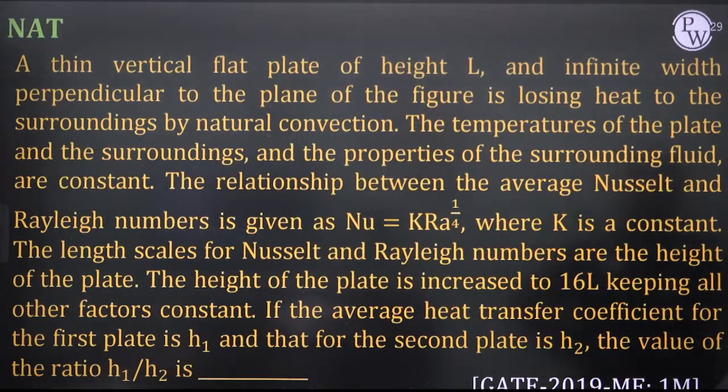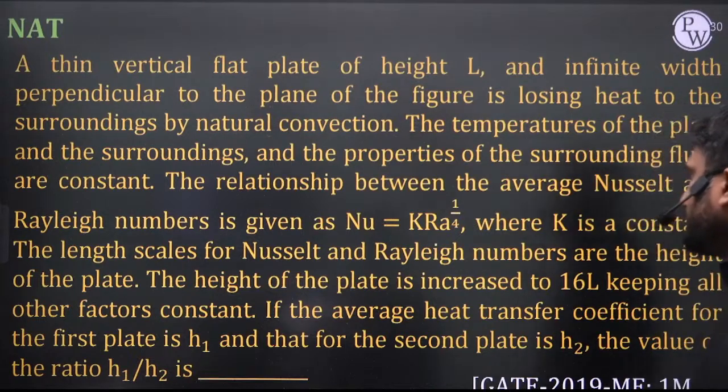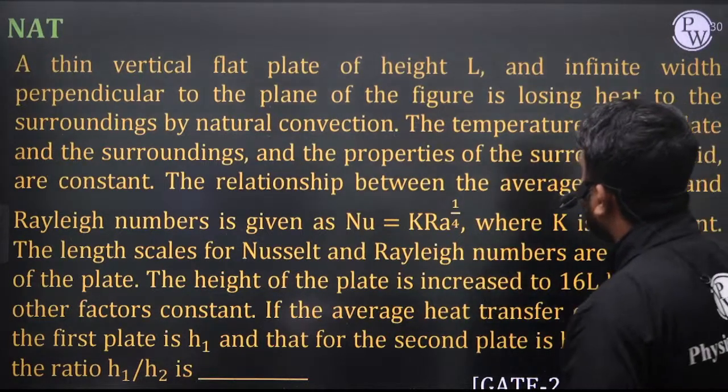A thin vertical flat plate of height L and infinite width perpendicular to the plane of the figure is losing heat to the surrounding by natural convection. The temperature of the plate and the surrounding and the properties of the surrounding fluid are constant. The relationship between the average Nusselt number and the Rayleigh number is Nusselt number equals k into Rayleigh number to the power 1 by 4.